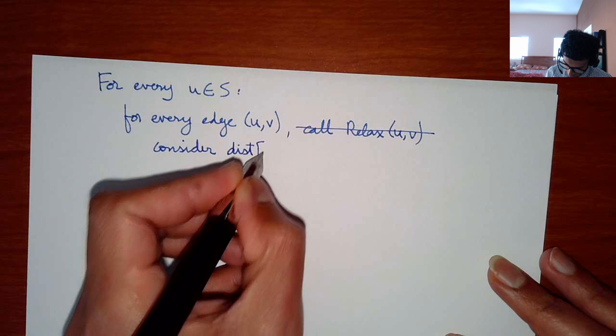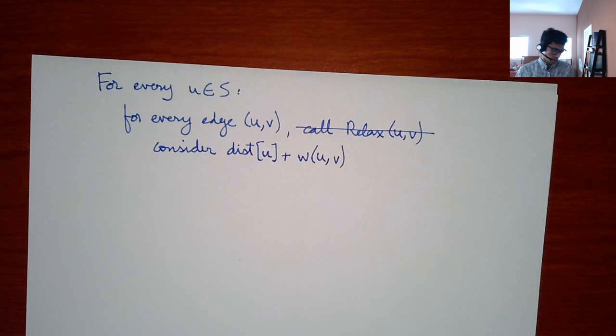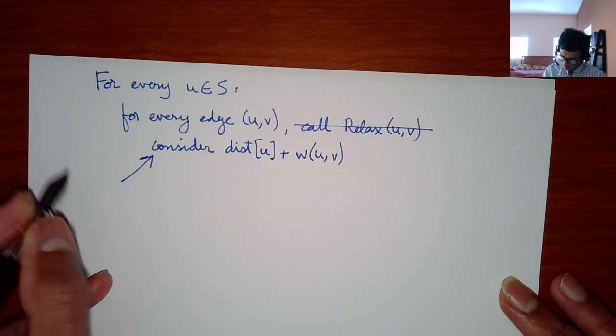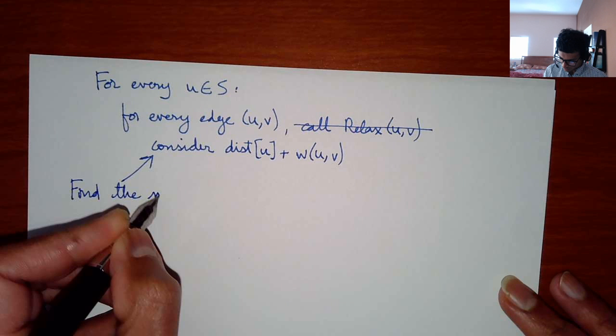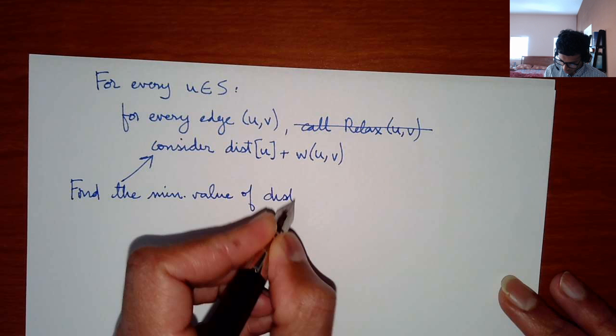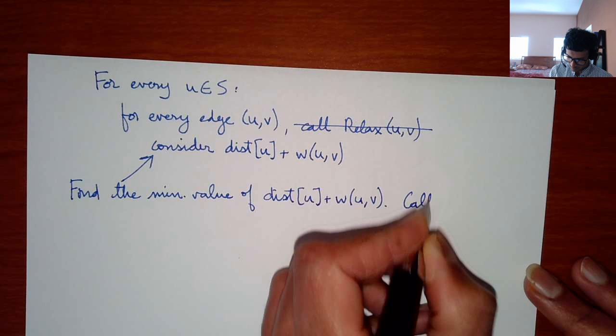That's what relax is going to look at. And so what Dijkstra says is find the minimum value of dist U plus W of UV and call relax on that edge.